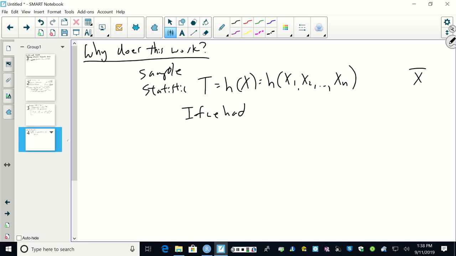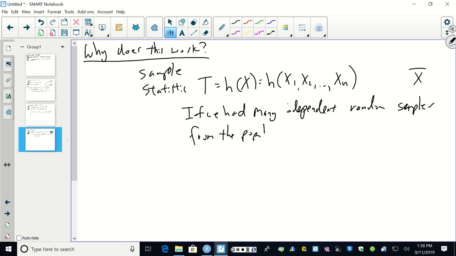So if we had many independent random samples from the population, so we had T1, T2, 1,000 random samples, then we could have 1,000 values of the statistic.